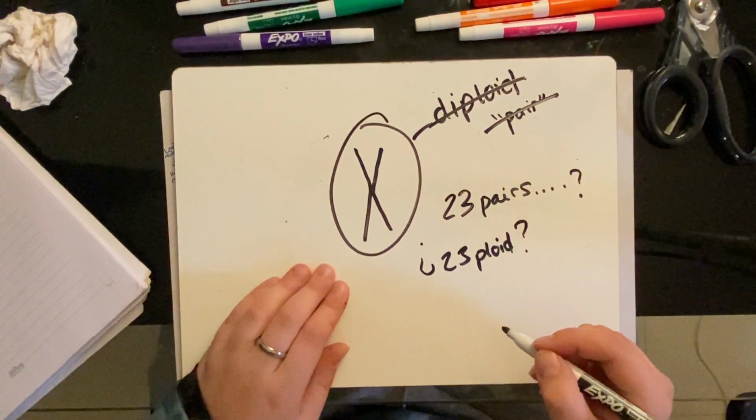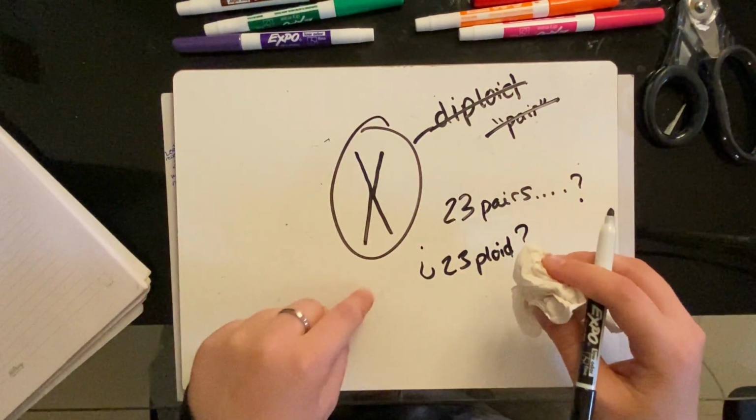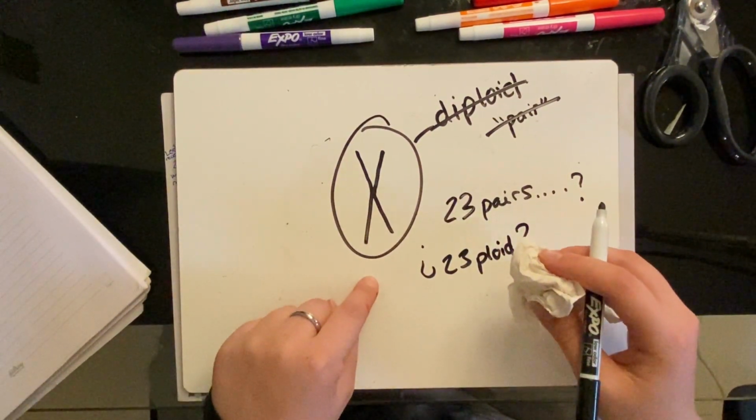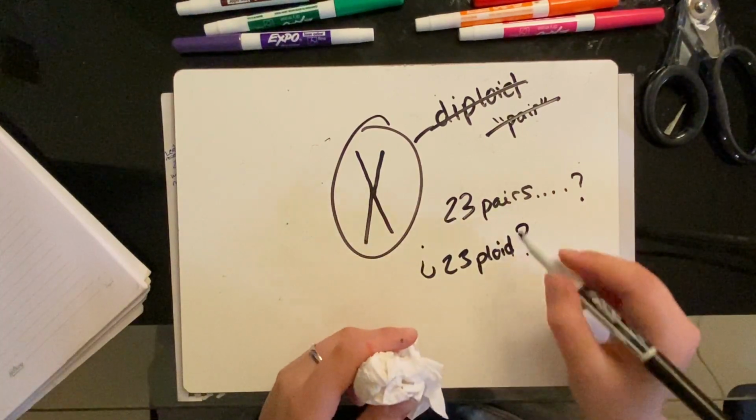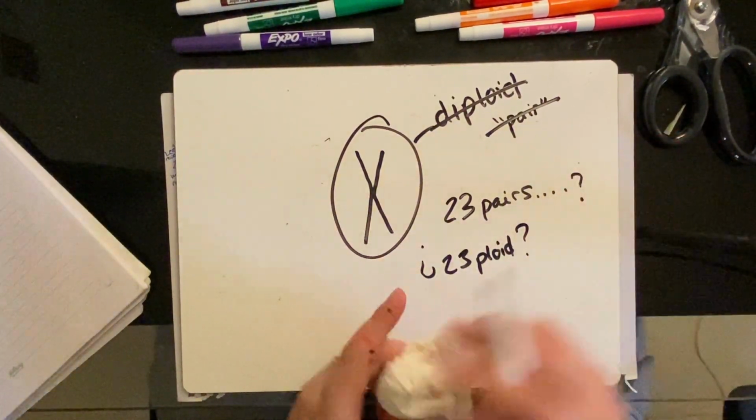But we are not considered 23-ploid. Humans are not considered diploid because we have pairs of chromosomes.